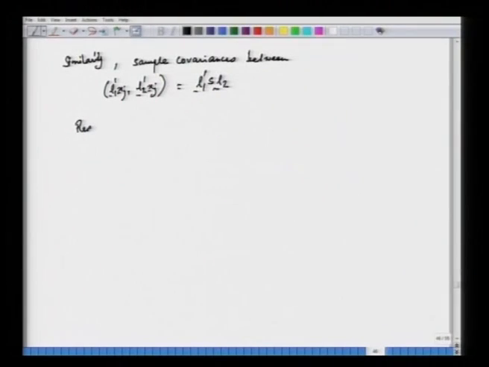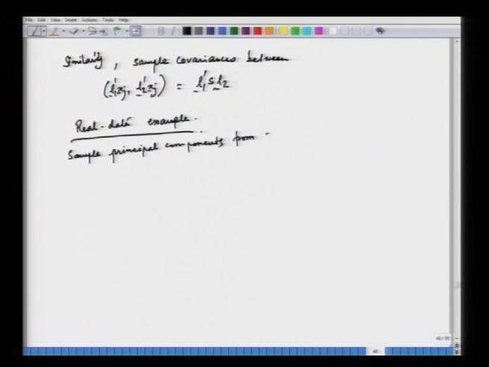Now, let us take up an example from real life data: calculation of sample principal components from standardized data, because that is what you will encounter mostly in practical situations. Your variables will be from a whole gamut, with different descriptions, interpretations and units.